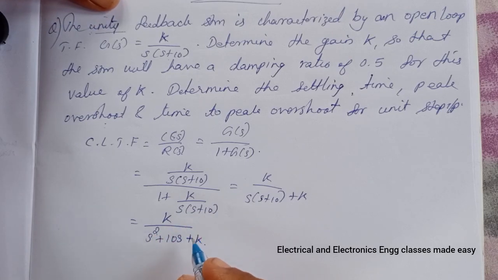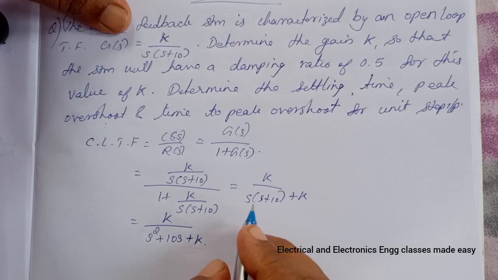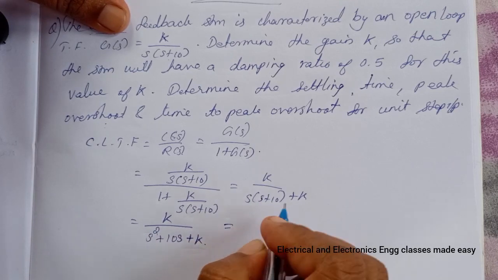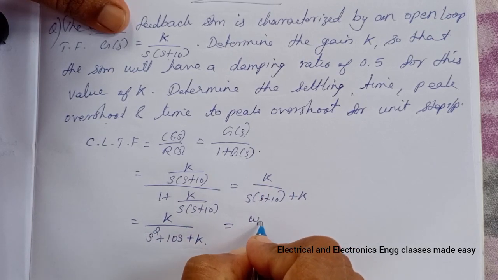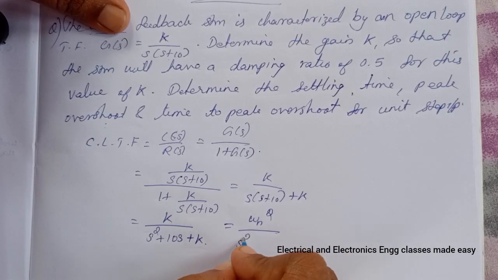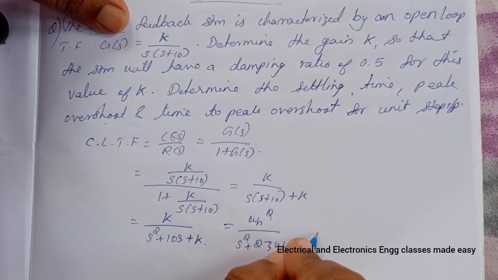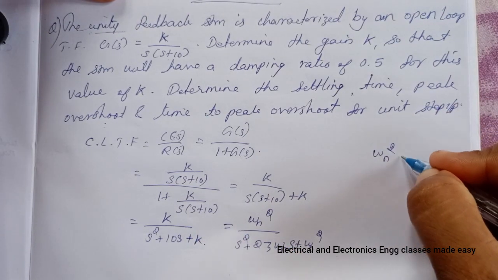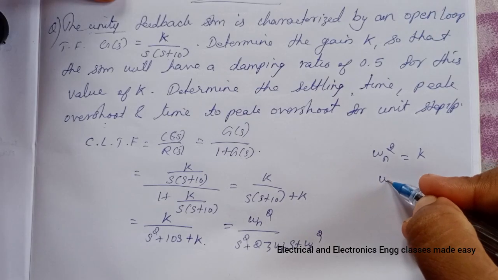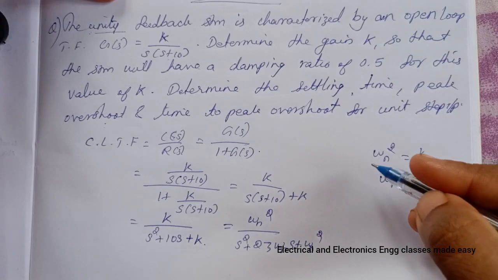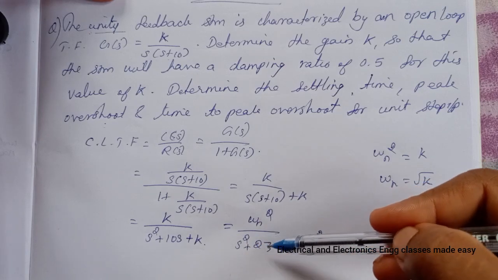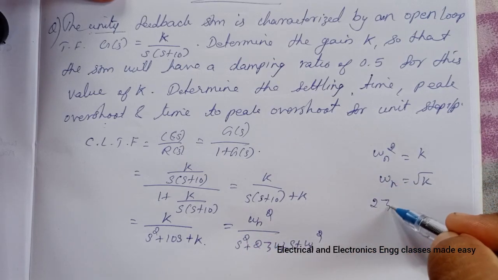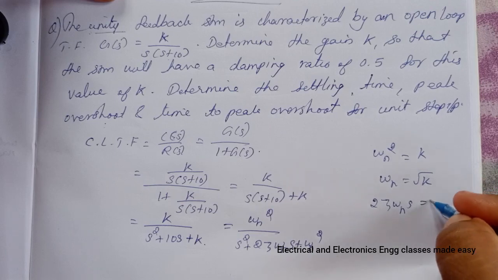Now compare this equation with the standard second order form. The standard second order form is omega n square divided by s square plus 2 zeta omega n s plus omega n square. Now we can compare. Here omega n square is equal to k, and we get omega n equal to square root of k, and 2 zeta omega n s equal to 10s.